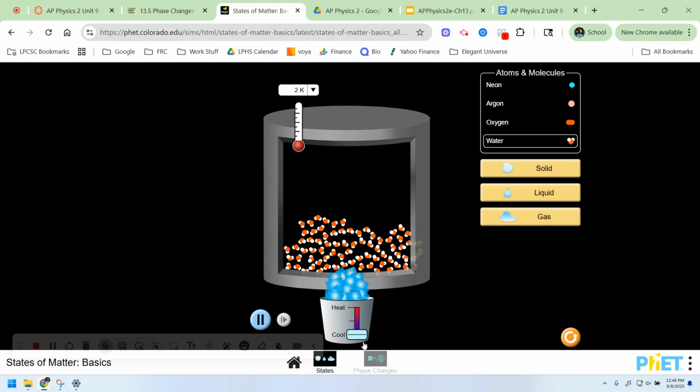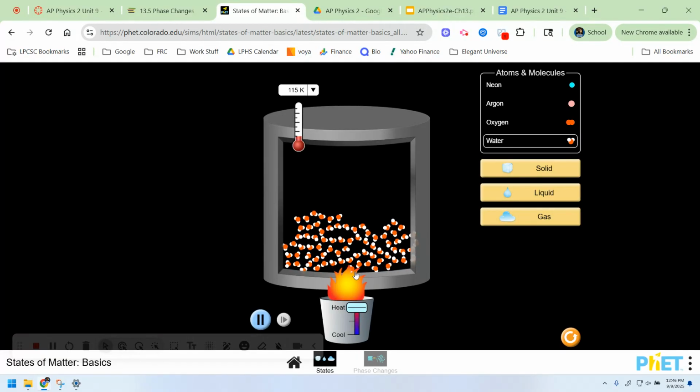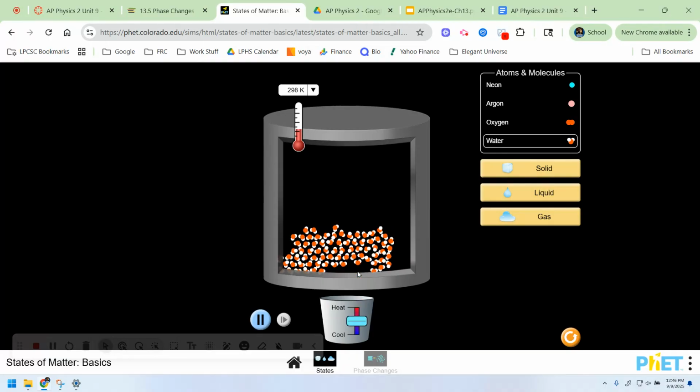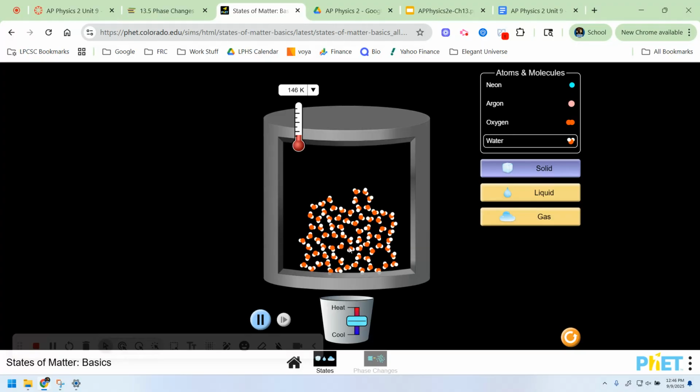If I bring that down to 0, I don't know if the simulator will let me. Yeah, it won't let me. But there's very little movement. Then if I heat them up, they start to move again. So that's that relationship between thermal energy and kinetic energy. But it also has an impact on whether it's a liquid. They still move when they're a liquid. In fact, they still move when they're a solid. Okay, so that's one thing that's kind of neat.